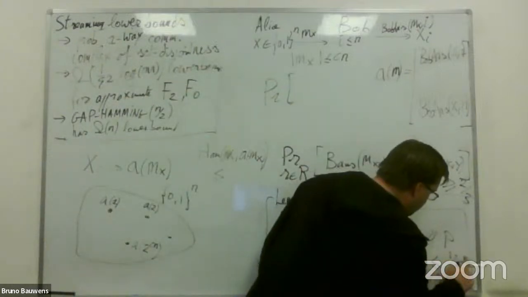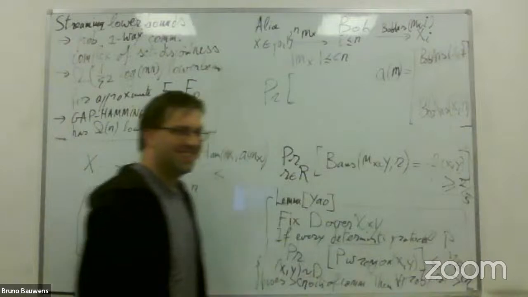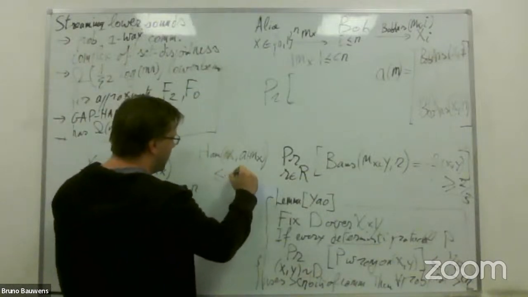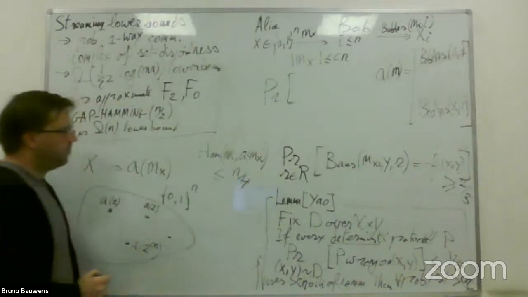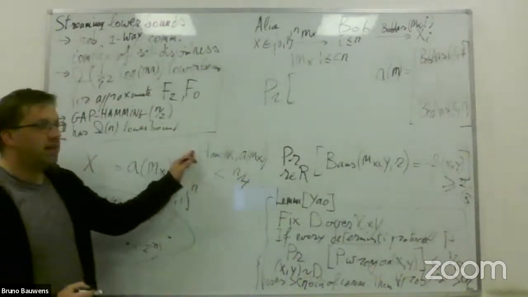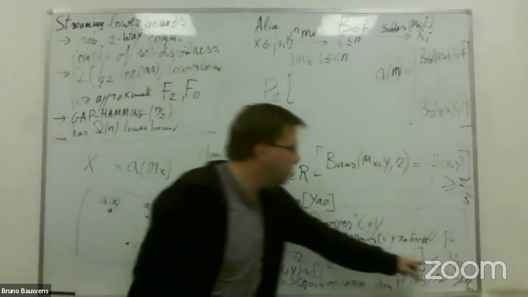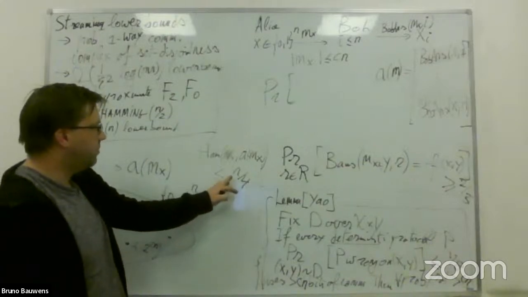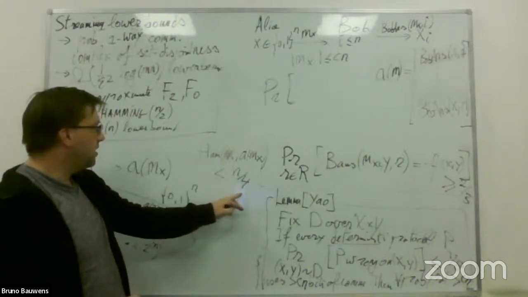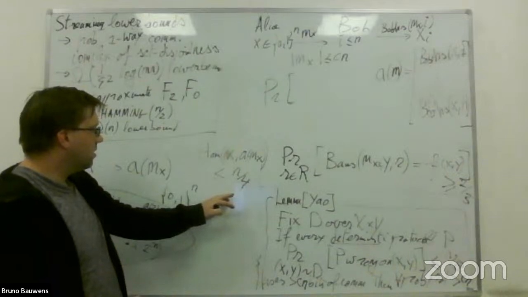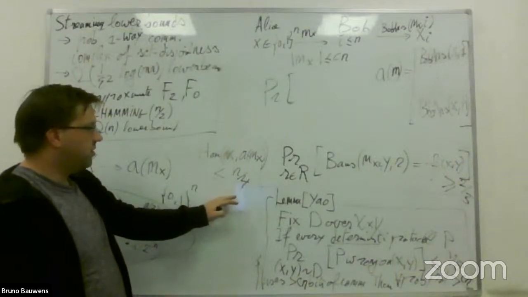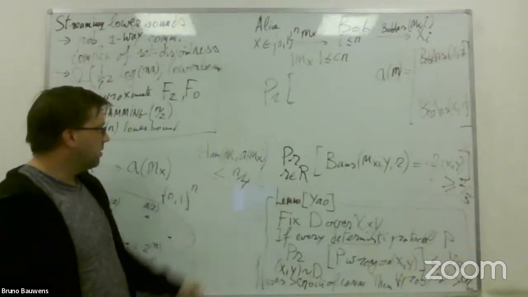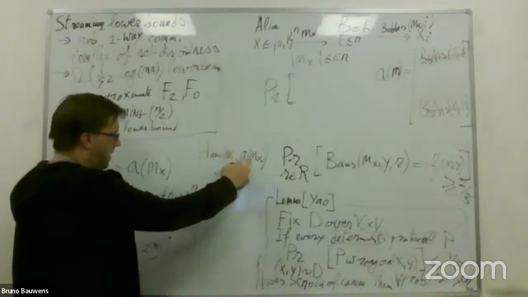Sorry, I will prove it for 1/8. Sorry for changing the constant, but we can deal with the constant later. If the Hamming distance is at most n/4, then we are happy, because we are doing better than what is expected. The average Hamming distance needs to be at most n/8, but let us say that we are already happy with n/4. So let's call this a good X.